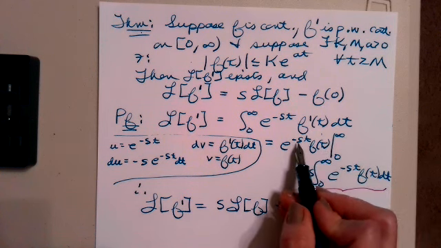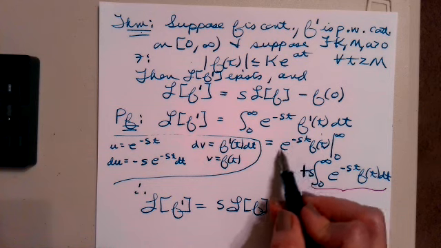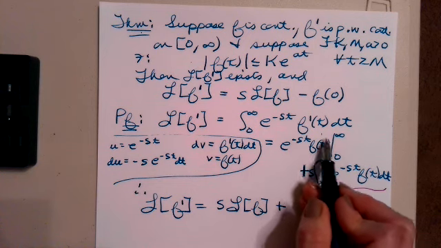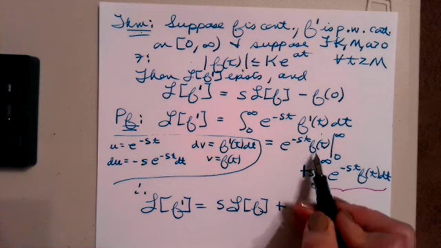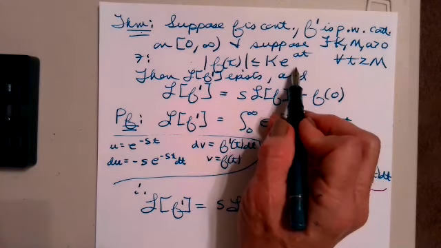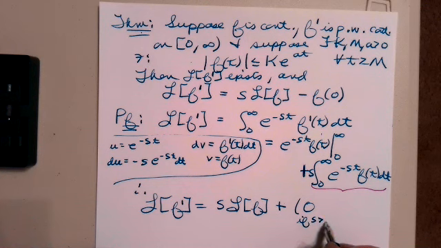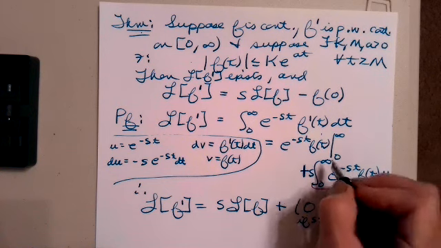Well, as long as s is greater than 0, the exponential term will go to 0. And we assumed that f, when t gets really big, is bounded by an exponential, e to the at. So this will go to 0 if s is bigger than a. So that's what we need. Minus the value at 0.